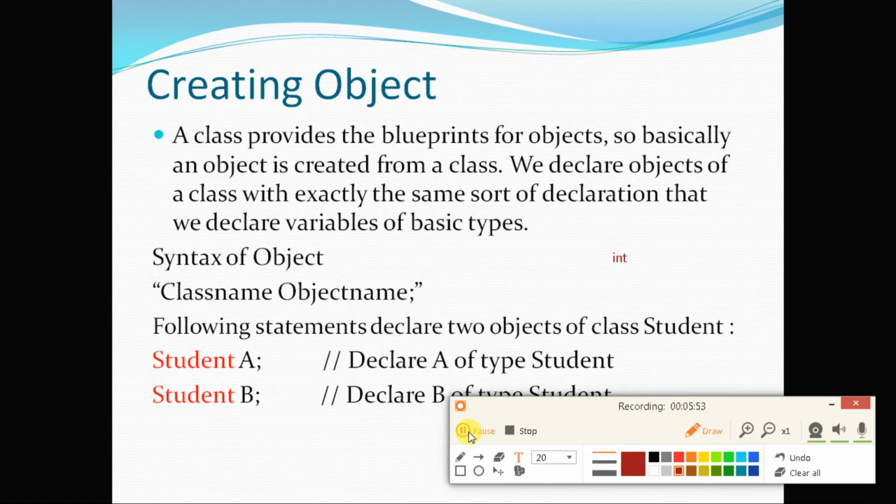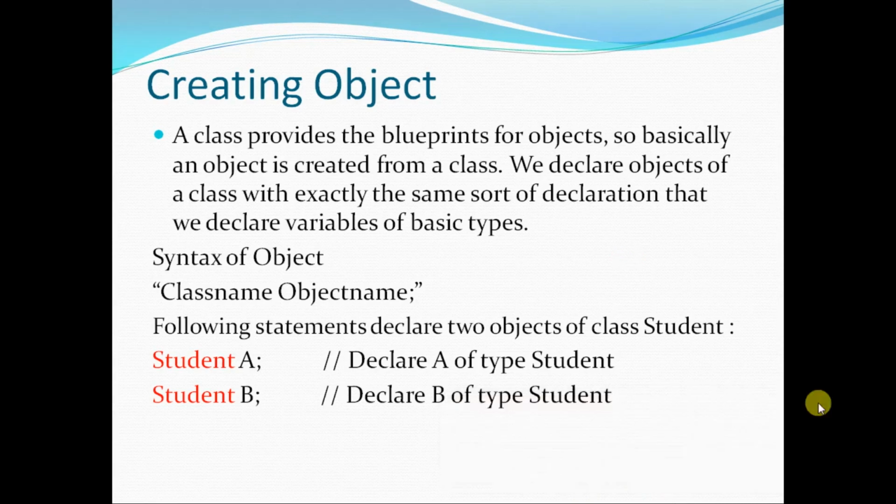Like int is a data type and x is a variable. Like this, we create an object. The syntax of an object: class name, object name. The following statement declares an object of class student. This is the class student and this is the object. Declare a of type class student. This is the class student and this is the object of type class student.